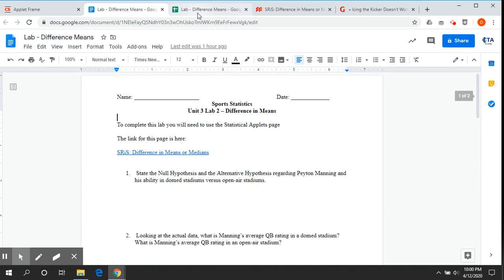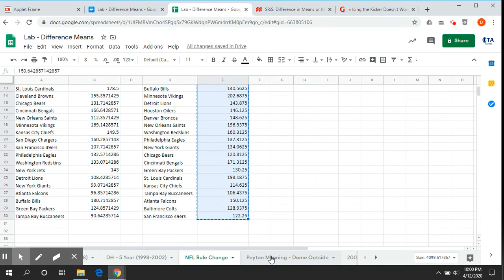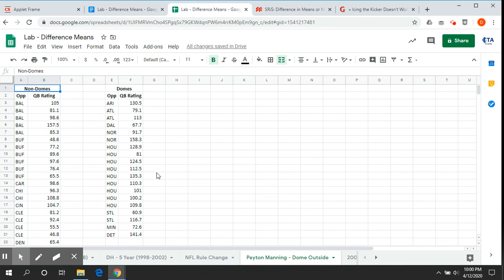Now, the differences that you're going to be doing are, there's two other tabs in here. One is quarterback ratings for Peyton Manning. All right, so if you don't know who he is, one of the greatest quarterbacks in NFL history. But one of the slights against him, it was claimed that he was only really good in domes. Like, he had to be in a dome stadium, and if he was out playing in the elements, he wasn't nearly as good.